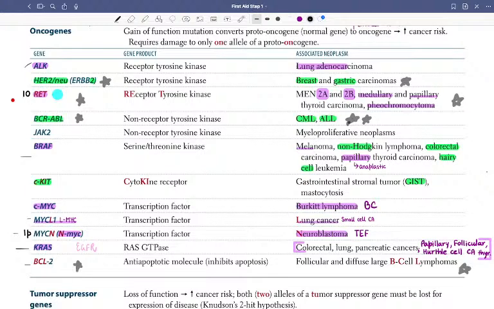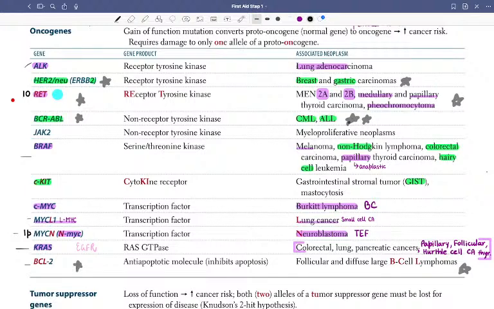So ALK is lung, HER2/neu is breast, and gastric also can be. RET is all the thyroid, medullary, papillary, MEN2A, MEN2B, pheochromocytoma. Medullary thyroid, you had marfanoid habitus in one of the MENs, and parathyroid issues also in one of the MENs. BCR-ABL, CML and ALL.